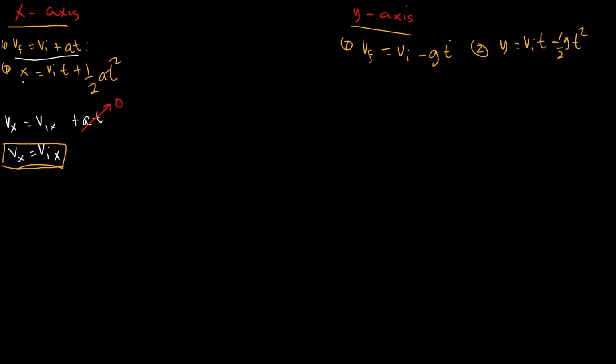Moving on to the position equation, let's try to use that and observe what equation we might get from it. So x is equal to v sub ix times t plus 1/2 a t squared.